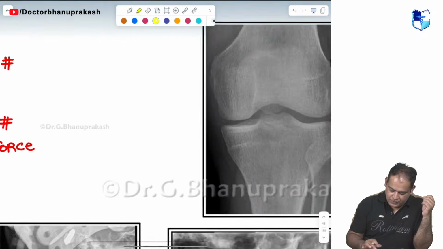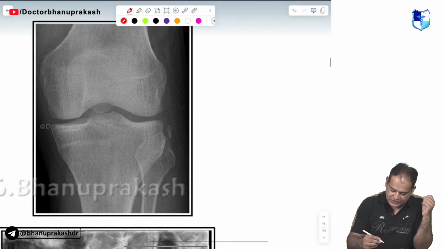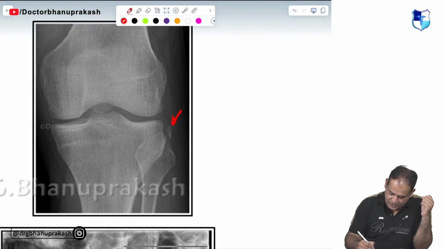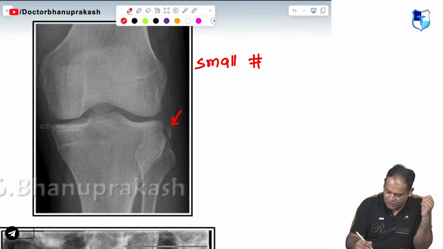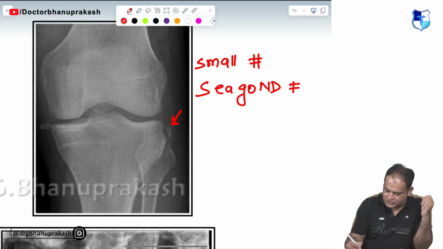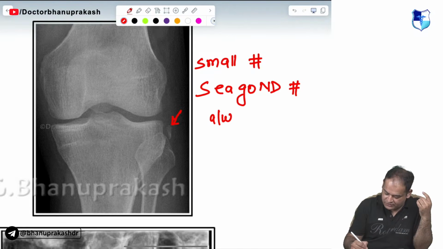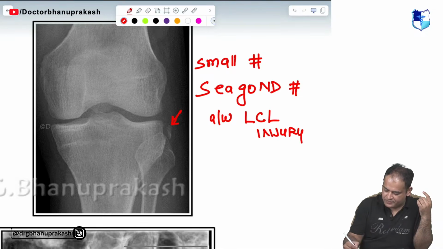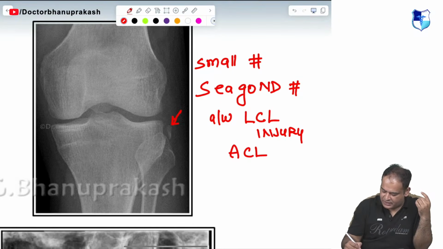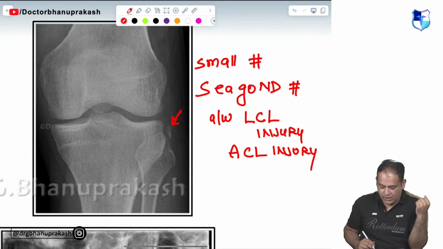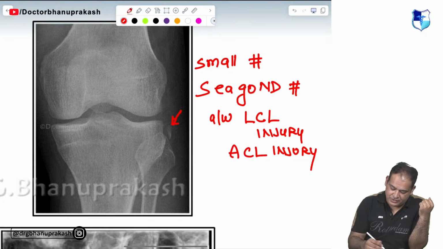Now, if you see a small fracture on the tibia, the small fracture is the Segond fracture. Segond fracture is associated with lateral collateral ligament injury. It is also associated with anterior cruciate ligament injury, right?